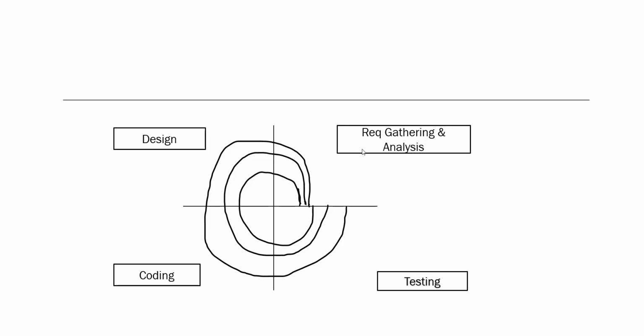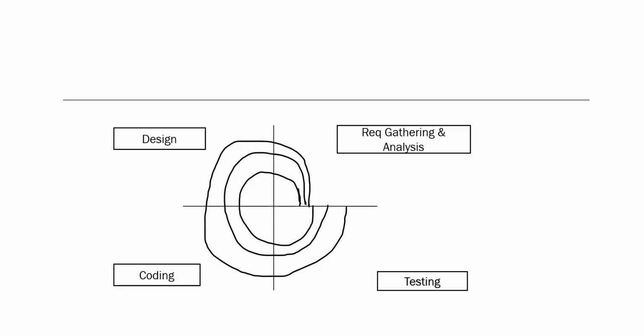So it is somewhat better than the waterfall model. This is the only main difference, because after the requirements gathering, again we can't change anything in the design, coding and testing. Again we have to wait for the next module development.